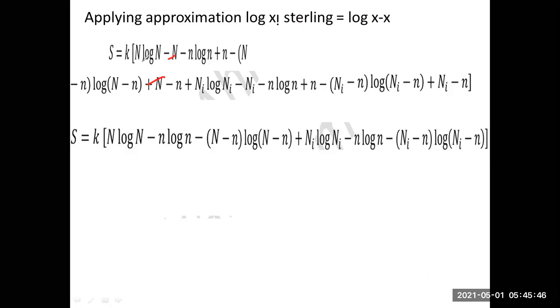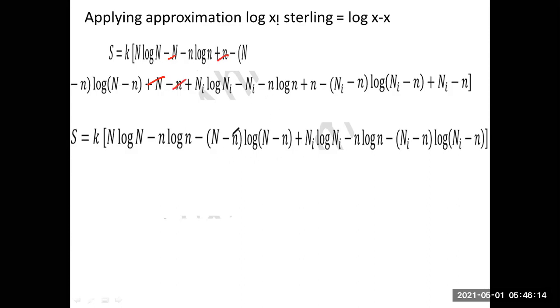So what is remaining? n log n, as it is remaining. Minus n plus n is getting cancelled. What is remaining here? Minus n log n. So now here you can just see plus n minus n. This will get cancelled. See, this plus n and this minus n get cancelled.